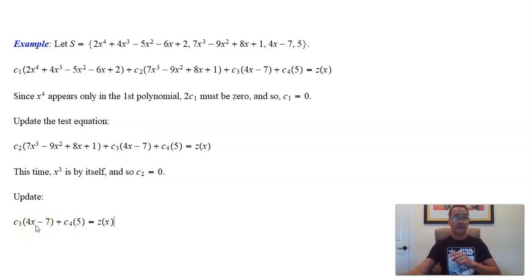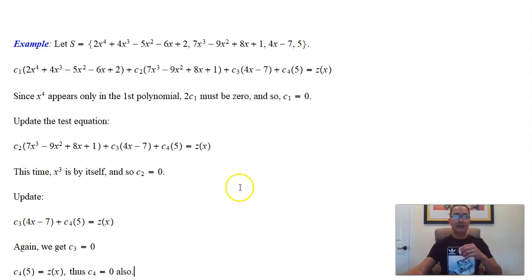x appears by itself in the third polynomial, which is now the first in that test equation. And so, again, we get c3 equals 0. For the final update, c4 times 5 must be the 0 polynomial, so thus c4 equals 0 also.